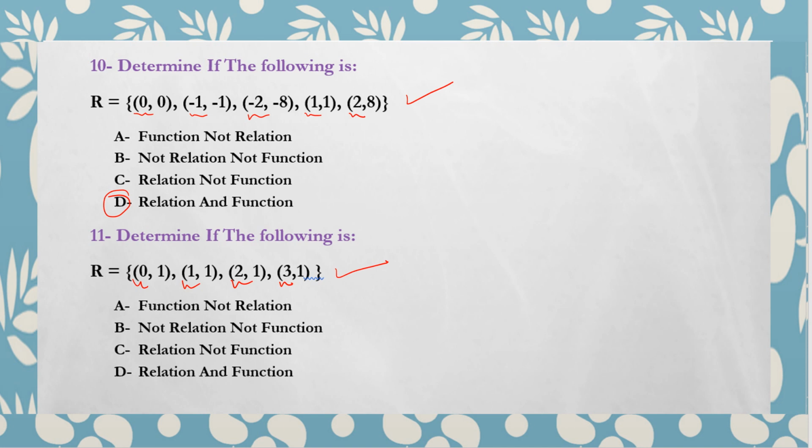If any element is repeated or corresponds to more than one element, this wouldn't be a function. And there are no elements repeated here in the domain, so this is also a function, and this is a relation and function, and the correct answer would be D.